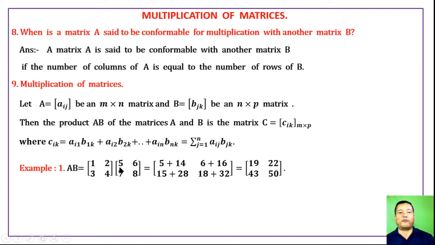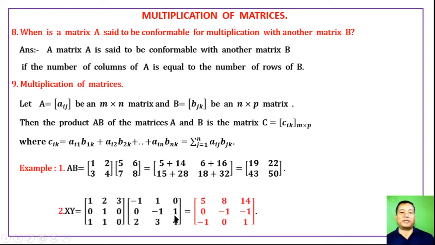First row with second column 6, 8: 1 into 6 is 6 plus 2 into 8 is 16, so 22. Second row with first column: 3 into 5 is 15 plus 4 into 7 is 28, so 43. Second row with second column: 3 into 6 is 18 plus 4 into 8 is 32, so 50. This is how matrix multiplication is done.